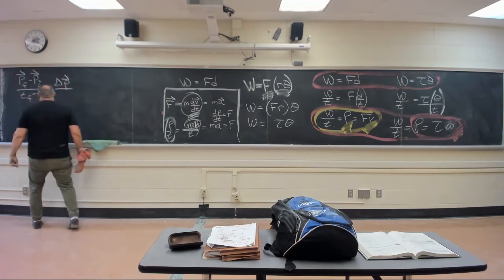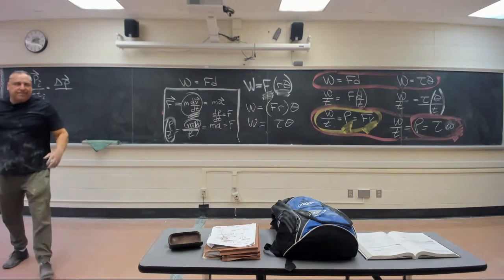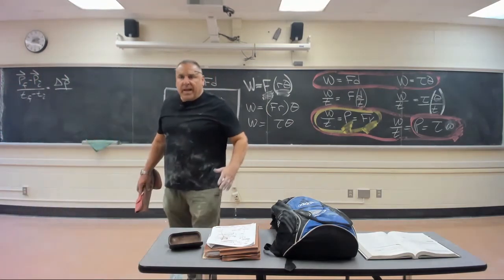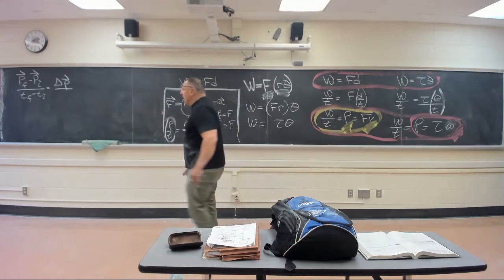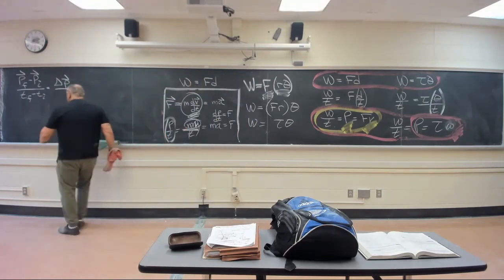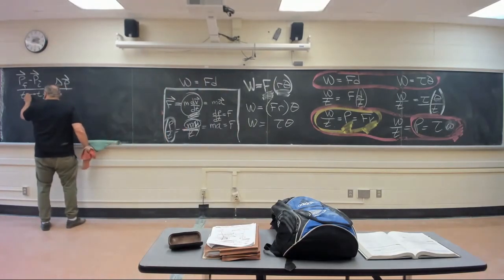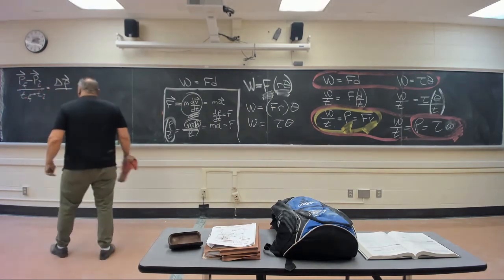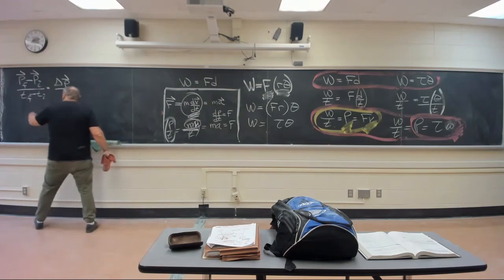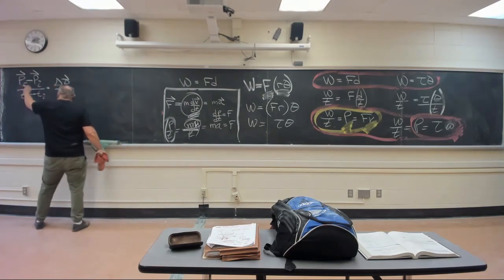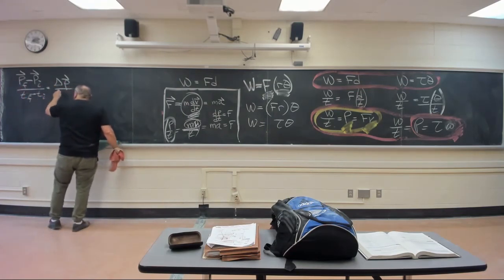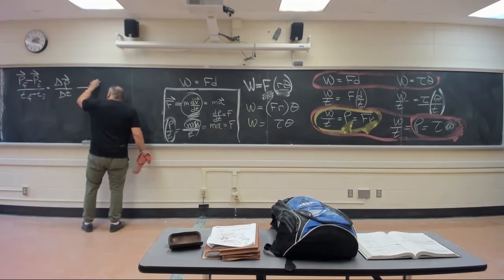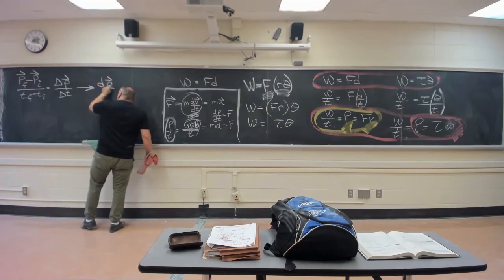Sometimes, for the sake of some kind of simplicity, you can debate how useful that is. The change in momentum divided by the change in time, in the limit, goes to this.